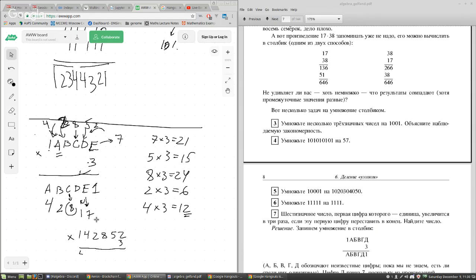So we have 1, we have 7, and then we have 2. There we go. So 4, 2, 8, 5, 7, 1. This is a 7 here. Let's not forget, this is not a 2. The 2 was the carry. There we go. That's the result we got.